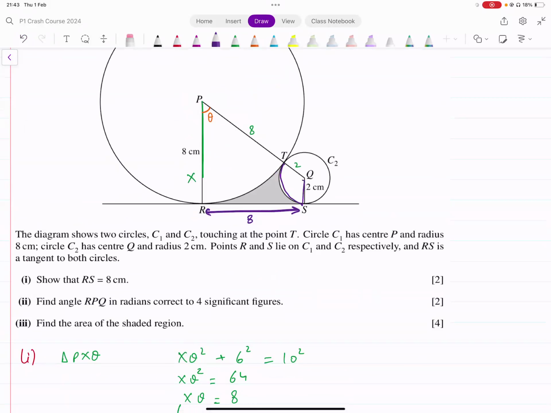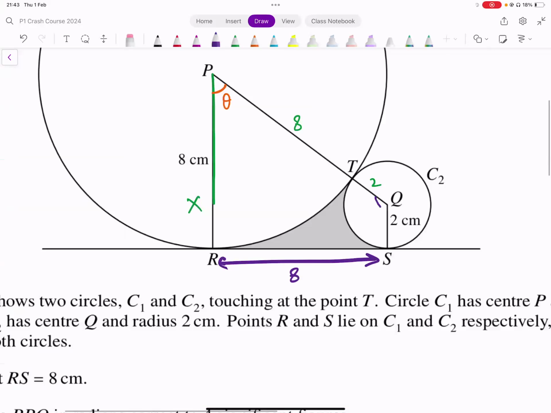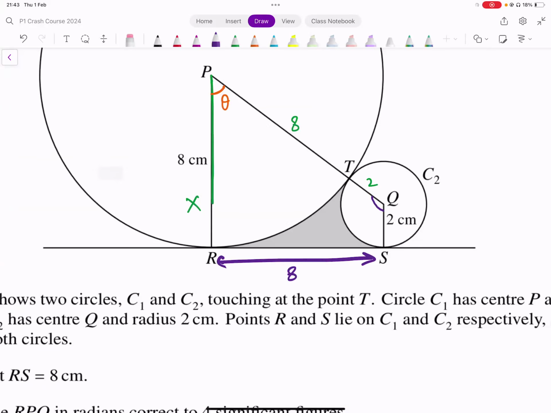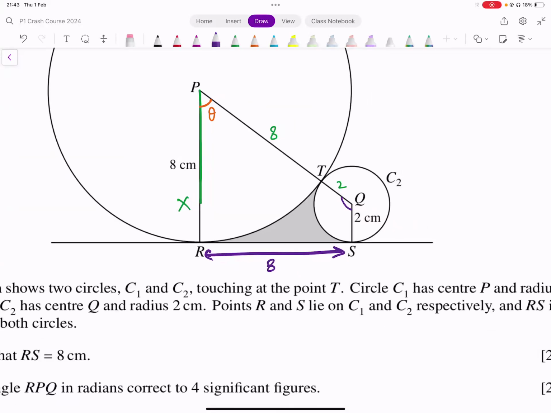We know the radius of this sector is 2, but the problem is we don't know what the angle is. How do you find the angle of this sector? We want this angle. Any idea? What's the sum of angles in a quadrilateral? 4-sided figure. What's the total angle?